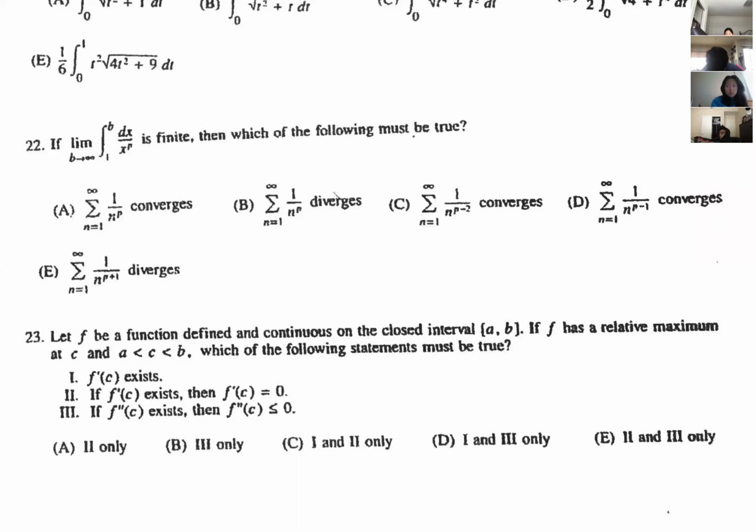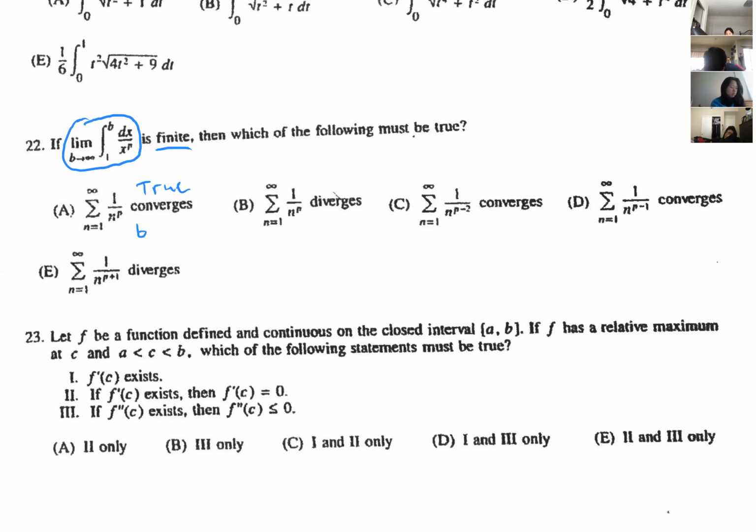So, looking at the first choice, if you know the limit of this is finite, according to the integral test, if you can get a real number, that tells you that the original series converges. So this first one would be true by the integral test.